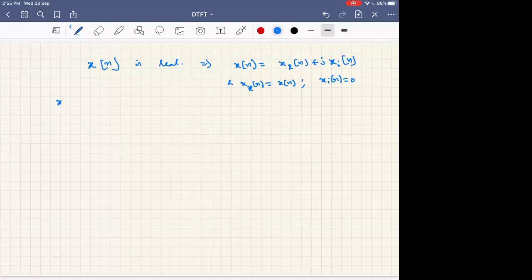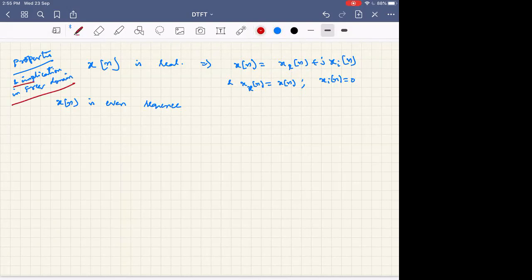What do we mean by x of n is even? We are trying to see some properties of sequences and their implication in the frequency domain.